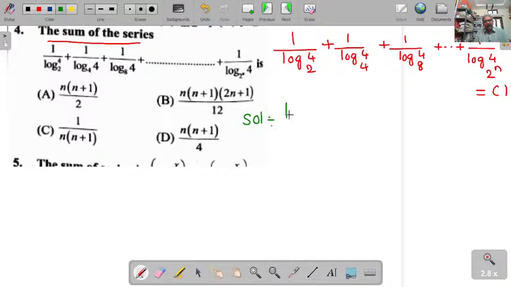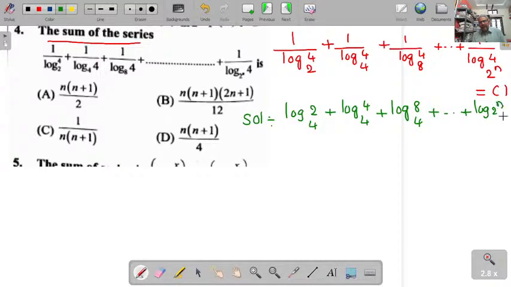This we can write as log 2 to the base 4 plus log 4 to the base 4. Plus log 8 to the base 4, plus so on, up to log 2 power n to the base 4.